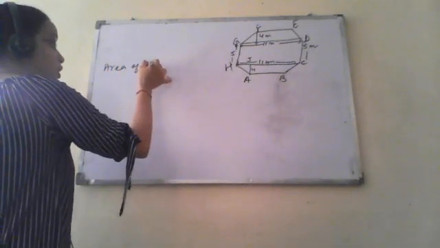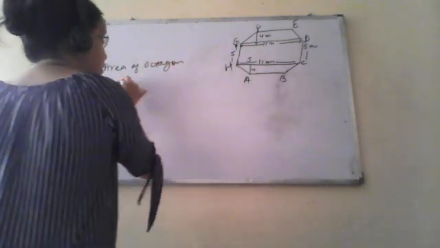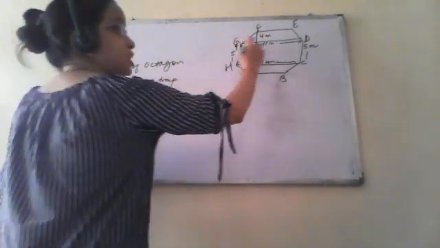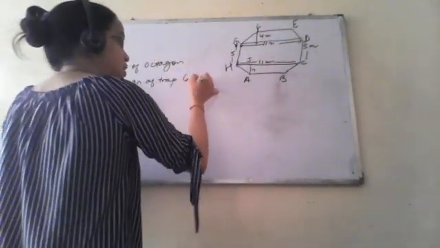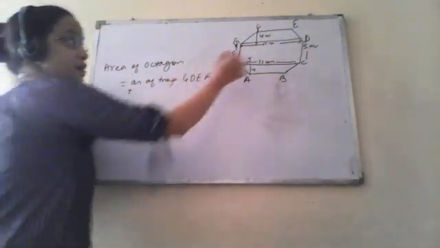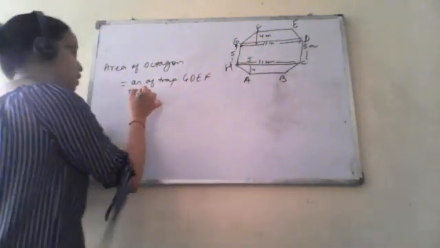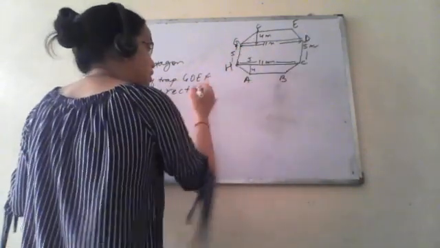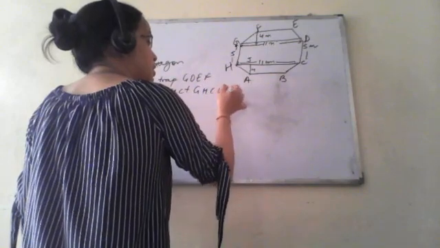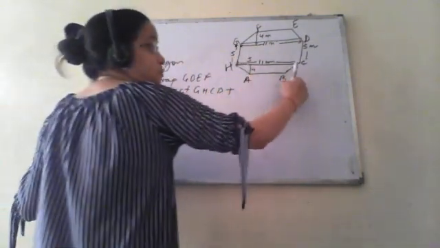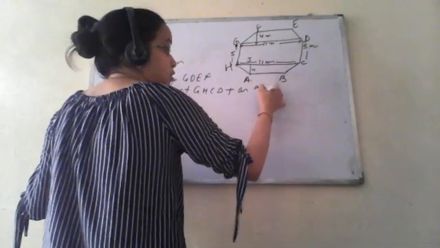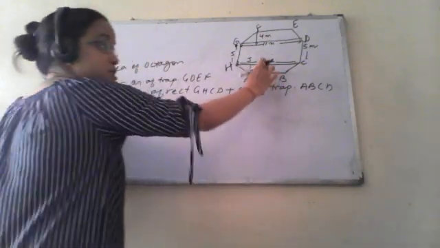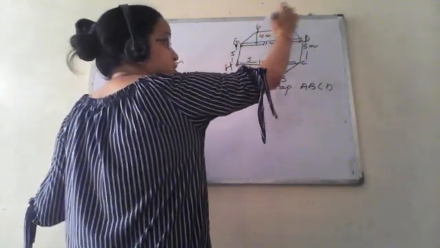Area of octagon will be area of trapezium GDEF plus area of rectangle GHCD plus area of trapezium ABCH. Area of trapezium ABCH will be equal to that of GFED.